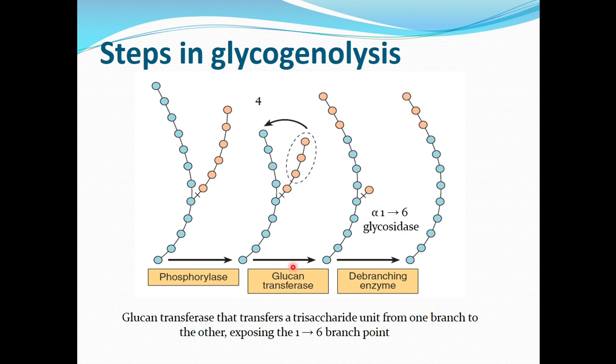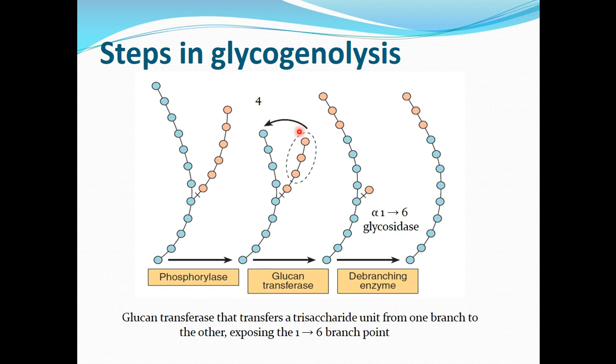Now the debranching enzyme, which has 2 catalytic sites in a single polypeptide chain, that is glucan transferase and alpha 1,6 glycosidase. The glucan transferase transfers a trisaccharide unit from one branch to the other, and this exposes the 1,6 branch point.